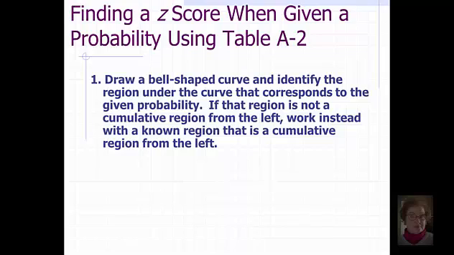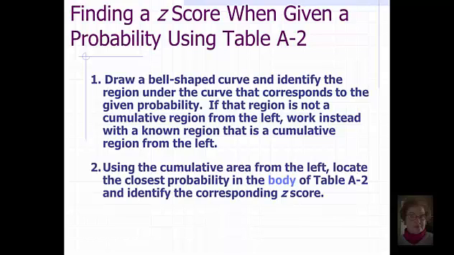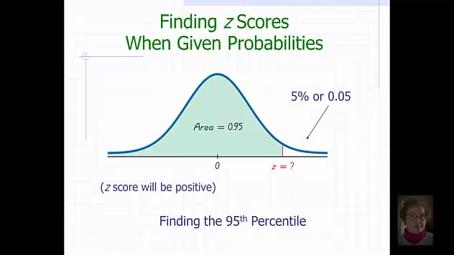So if we need to find a z-score when we know the probability, we're going to search the body of the table. We're going to use the cumulative area from the left to locate the closest probability in the body of the table, and then we can go out to the edges to identify our corresponding z-score.